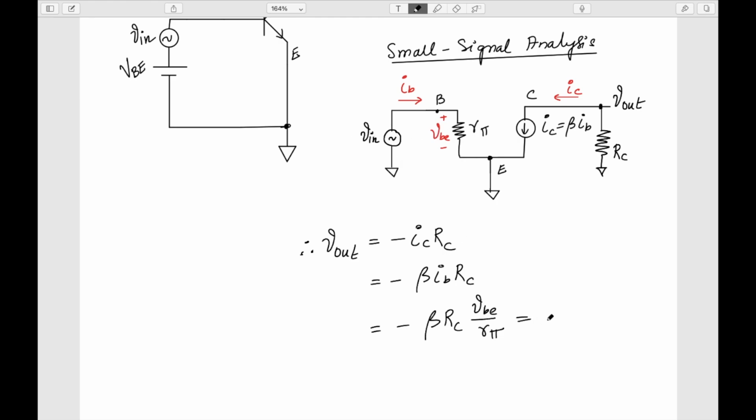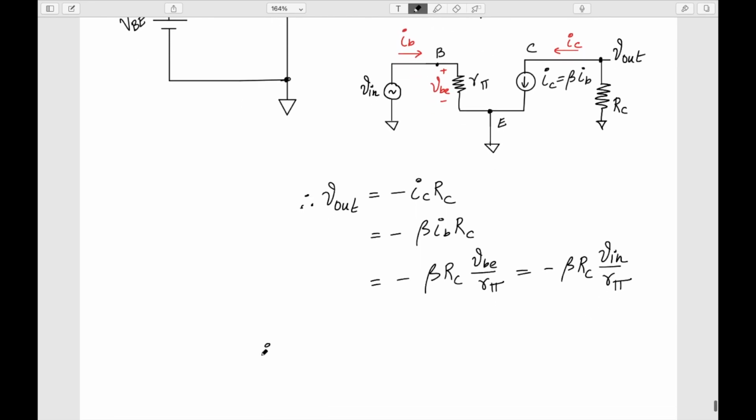So I can write it as minus beta RC V in by R pi. Therefore my gain AV, equal to V out by V in, is equal to minus beta RC by R pi. We know that R pi is VT by IB, so this is equal to minus IC RC by VT.